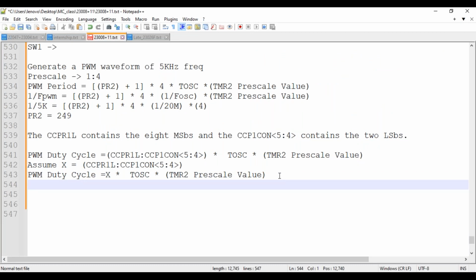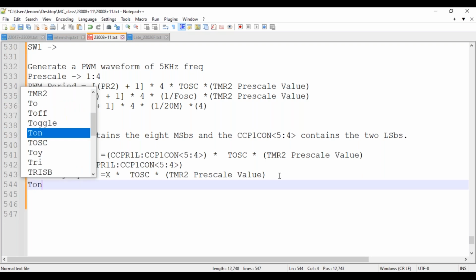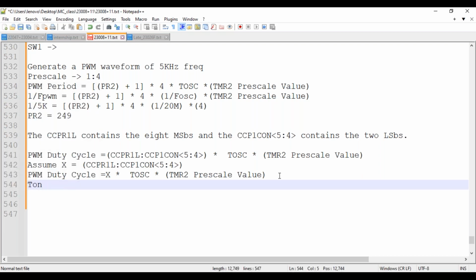So duty cycle is nothing but, let's say, T on period. So T on is nothing but duty cycle. According to the formula we have learned, duty cycle is nothing but T on divided by the PWM period.